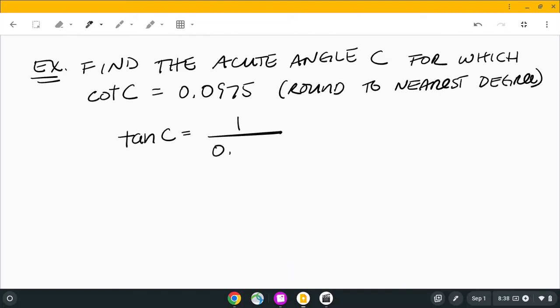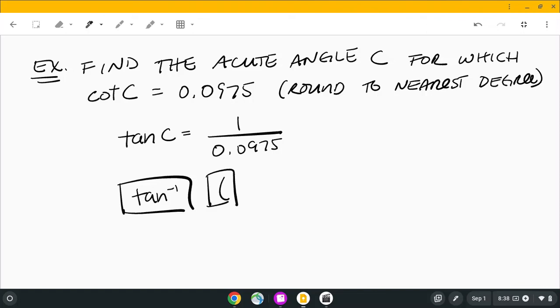Since cotangent equals that, then tangent equals 1 over 0.0975. Now I can use my tangent inverse button. Make sure you keep everything in parentheses.